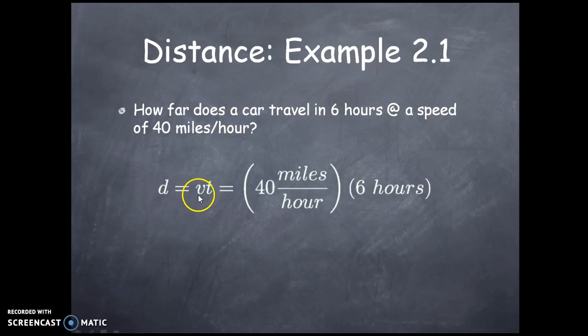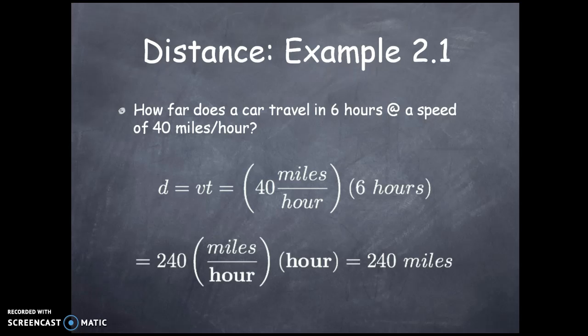So that's going to be distance equals v times t. So v is given as 40 miles an hour. Time is 6 hours. So hours cancel. So 40 times 6, which will be 240, and miles is the unit. So the car will be traveling 240 miles with a speed of 40 miles an hour for 6 hours.